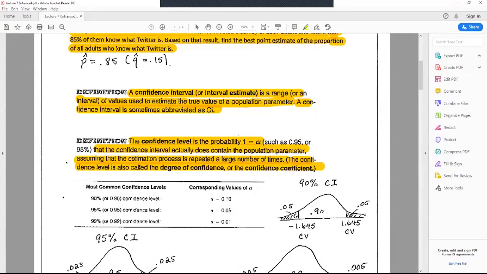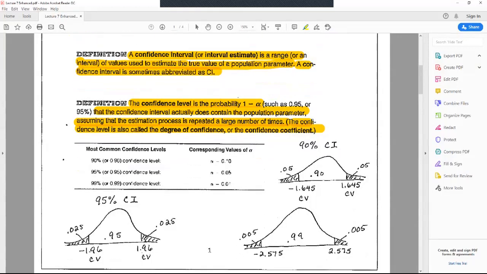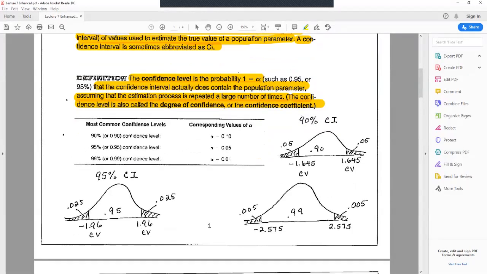So what does all of this mean? Hopefully by the end of this lecture, it will be abundantly clear. But let's move into some geometry so that we can visualize what's taking place. A 90% confidence level would be 1 minus alpha equals 90%, so alpha equals 10%. What does that mean?